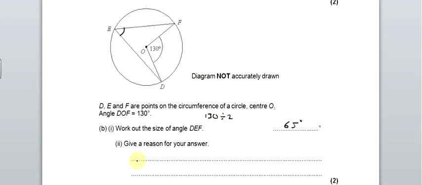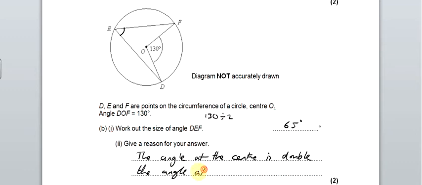And the reason is the angle at the centre is twice or double the angle at the circumference.